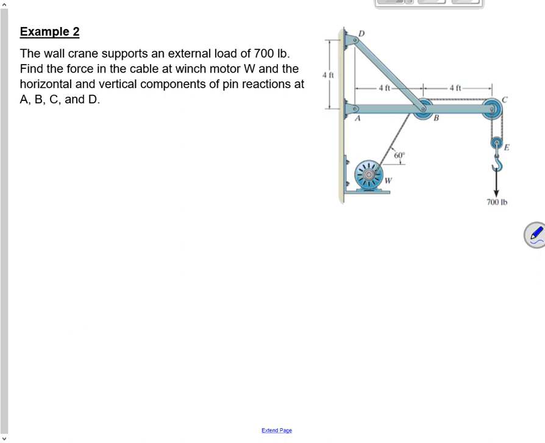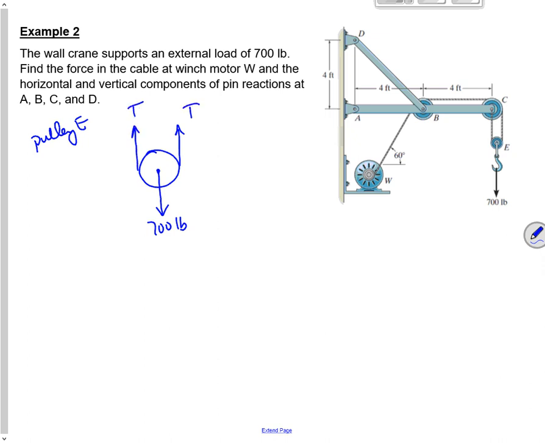So where to begin? The place to begin is at that applied load. And what I'm going to do is look at pulley E. I've got this load here, which is 700 pounds pulling down, and then there are 2 ropes pulling up.